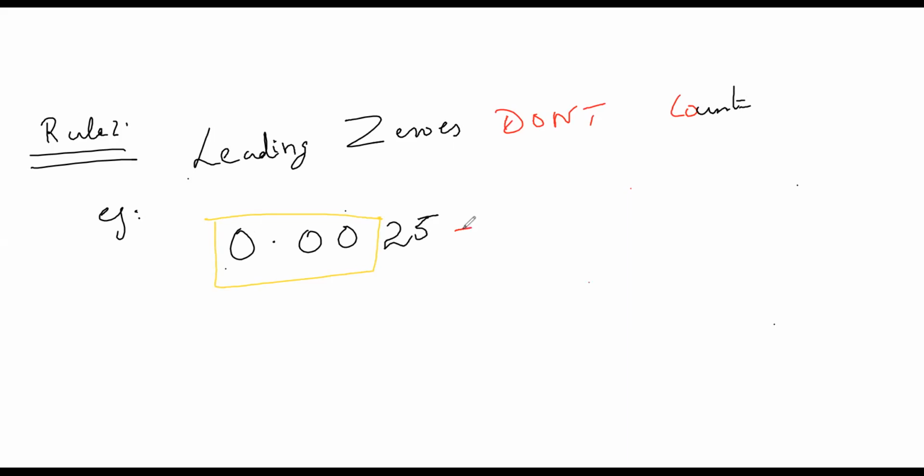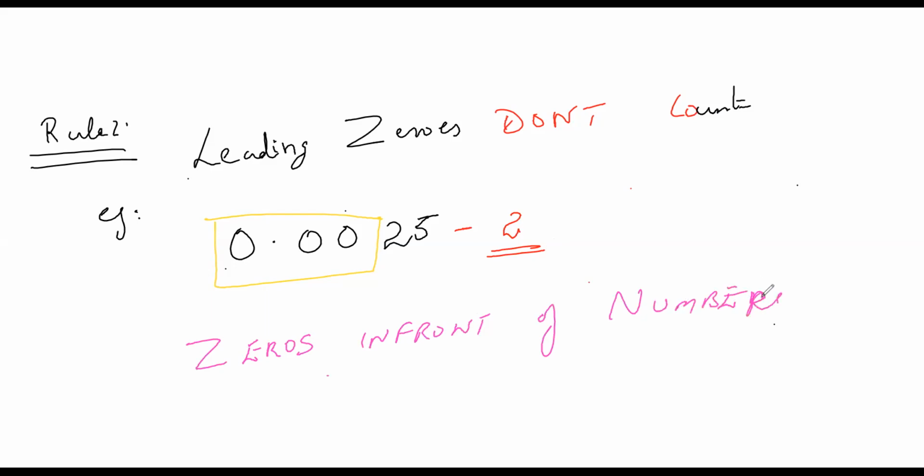So the number of significant digits is 2. This is our rule number 2. In simple words, zeros in front of numbers don't count.